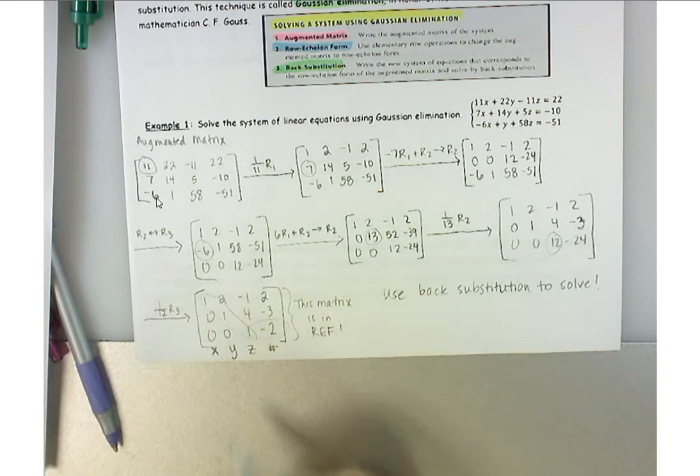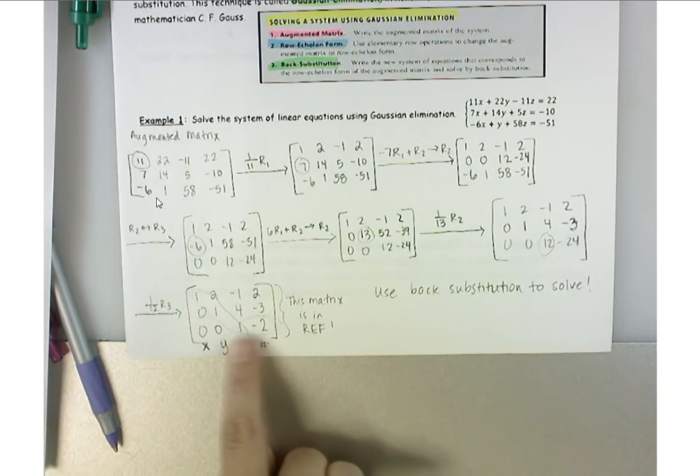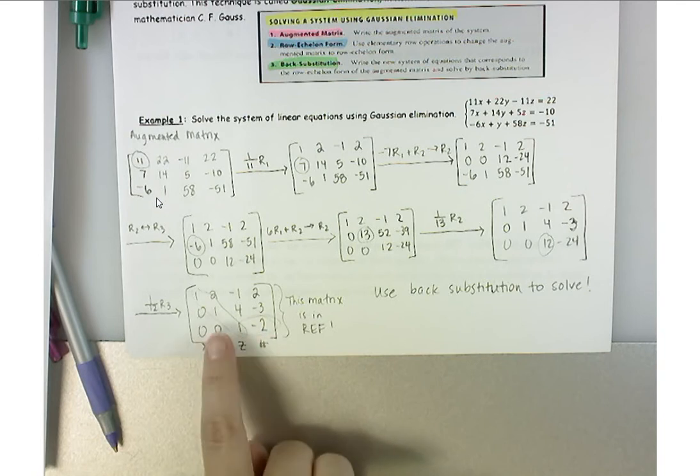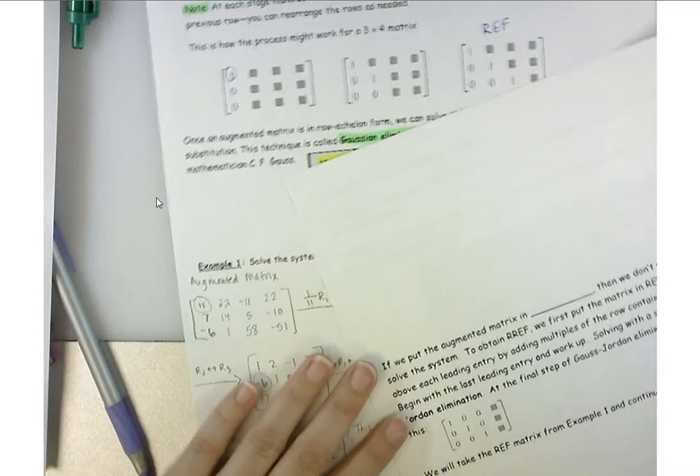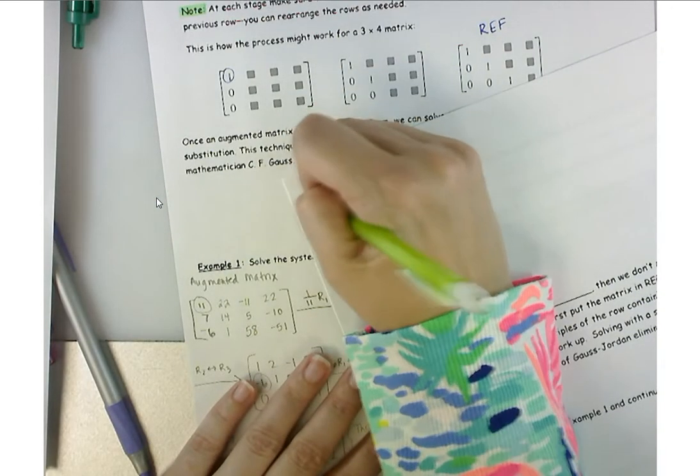Cheyenne, look at this last one with me. What does this mean as a linear equation? If I have 0, 0, 1, negative 2. Good, that's where I'm going to start on my next page. So my system would be z equals negative 2.